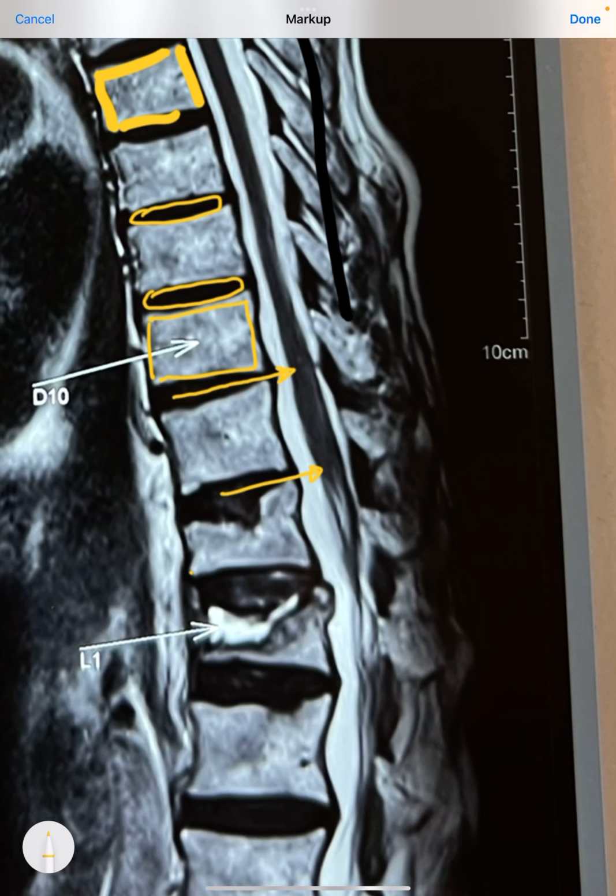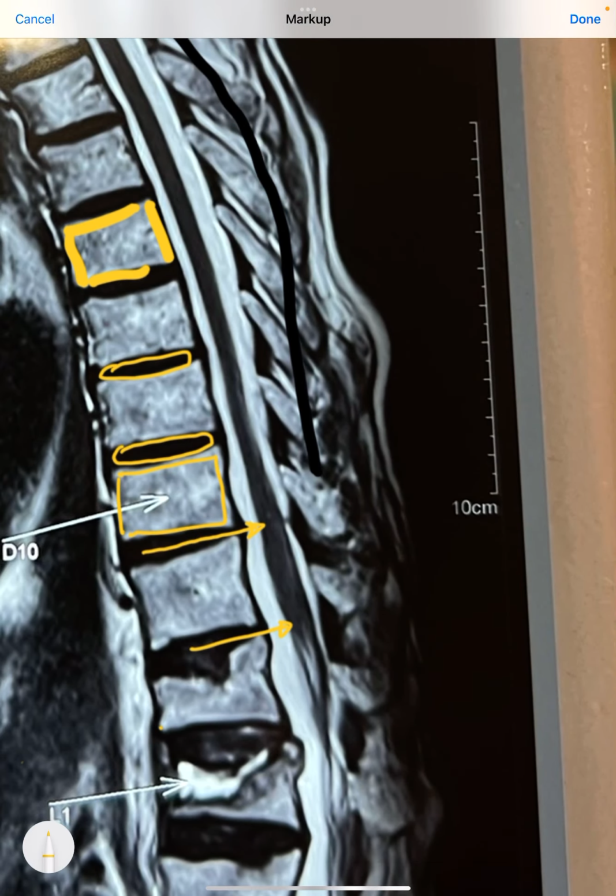What we can see here is the spinal cord, which is very well apparent, and this is the subarachnoid space. This subarachnoid space is very well patent because you can see both anterior as well as posterior margins.